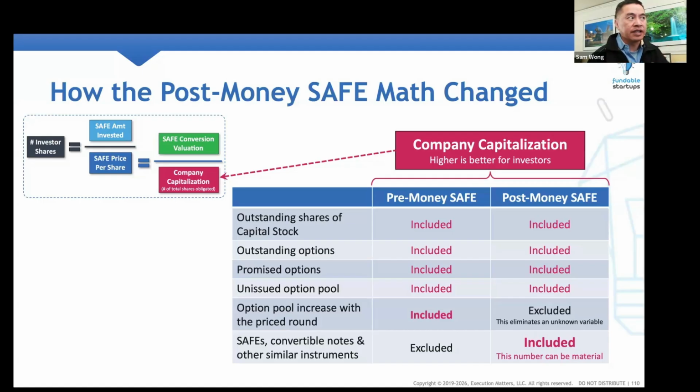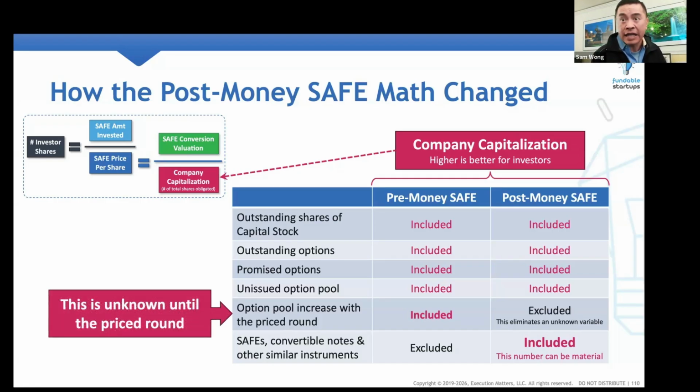That option pool increase is included in the math for the pre-money safe, but it is excluded on the post-money safe. That actually simplifies the math because this is an unknown variable. And I think Y Combinator wanted to simplify the math by excluding something unknown. Makes sense. Okay. But they also made another change. The safes, convertible notes, and other similar instruments are excluded from the pre-money math, but included in the post-money math.